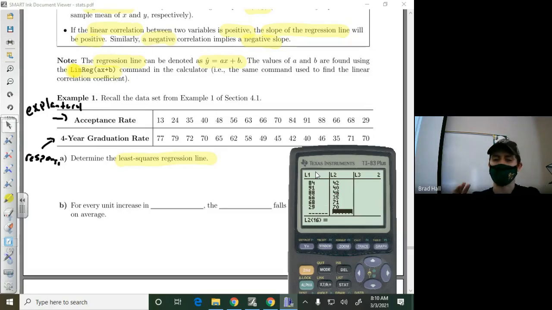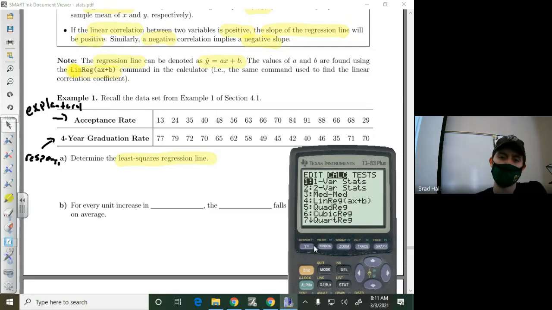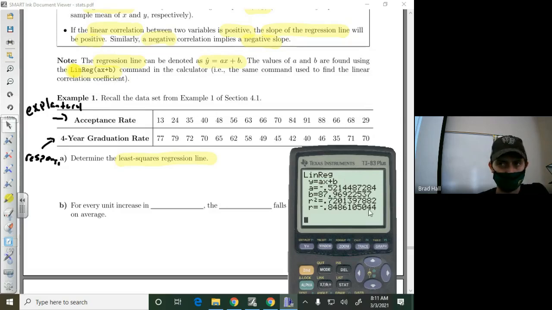And so we're going to put this in the calculator the same way as if we were finding the linear correlation coefficient. Remember that we quit out of this, go to stat, and when we go over to CALC, there's linear regression. It's all under there. And when we do that, and provided you turned on diagnostics, you should see exactly this.